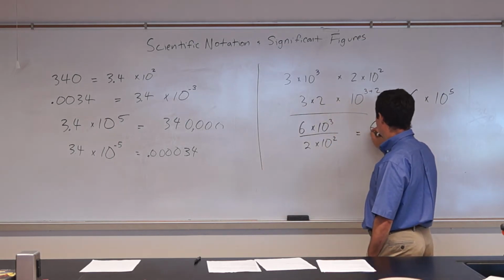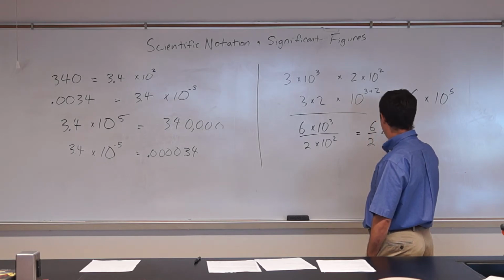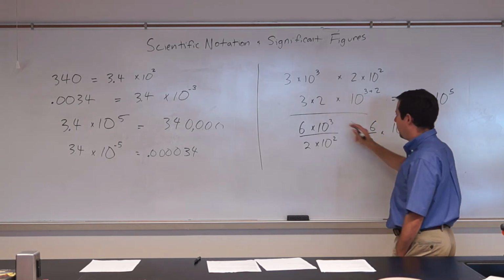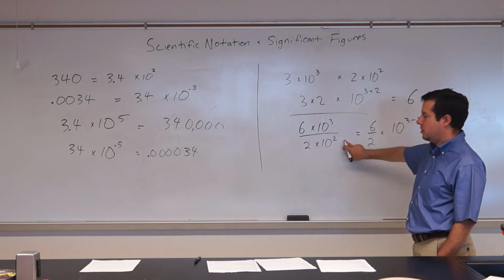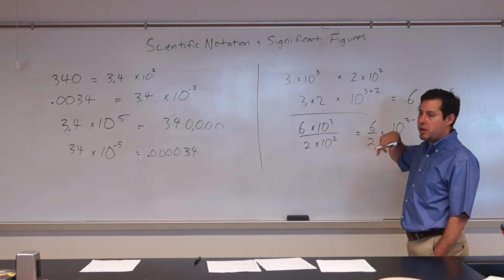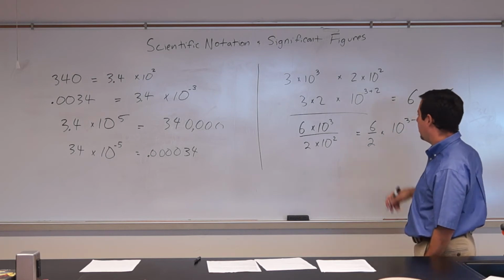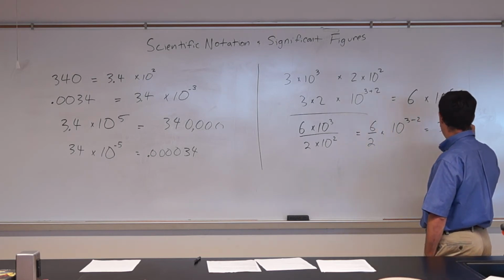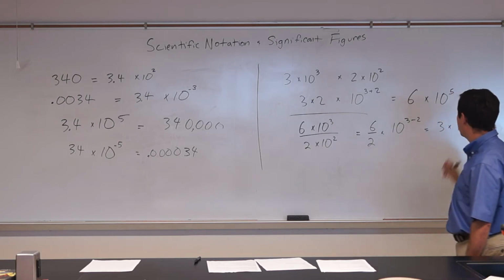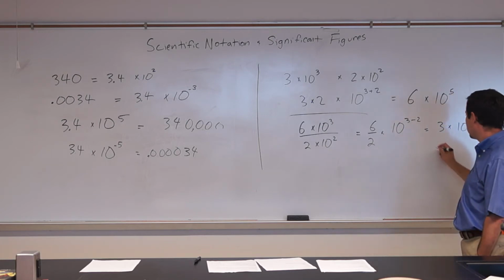You end up getting 6 divided by 2 times 10 to the 3 minus 2, because if it's in the denominator, you end up getting a minus when you pull it up top. So you end up getting 3 times 10 to the 1, or 30.